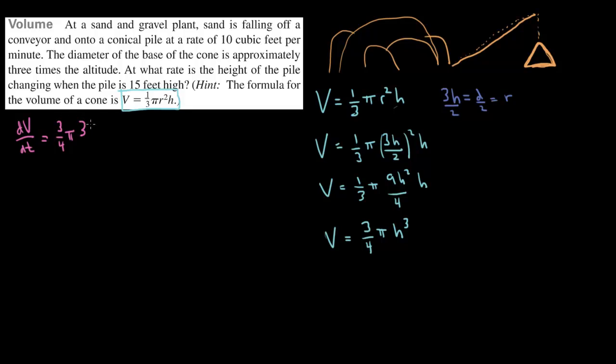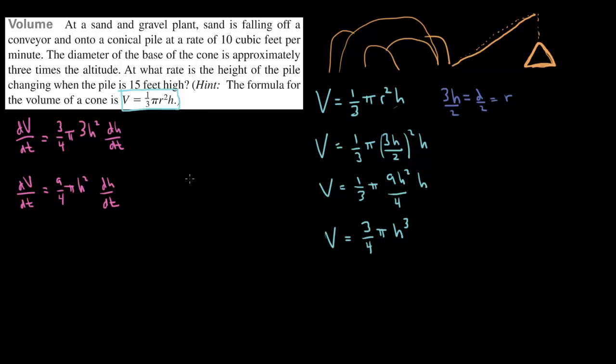Well, it's 3h squared dh dt. So cleaning that up slightly, derivative of volume with respect to t equals 9 over 4 pi h squared dh dt.